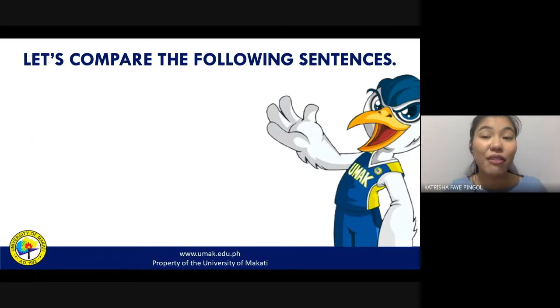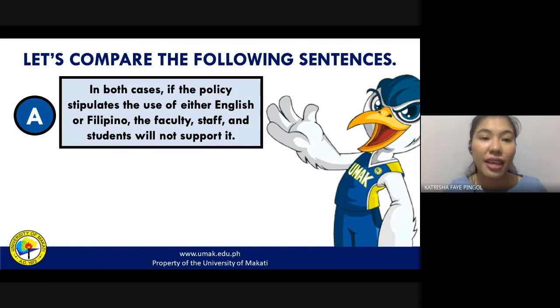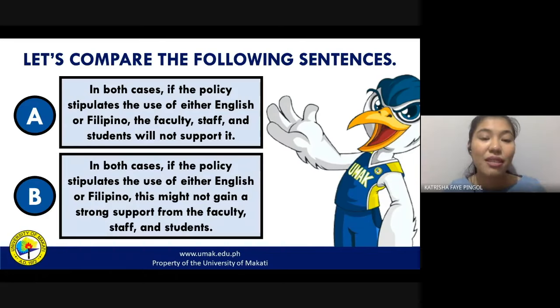Let's compare the following sentences to understand hedging better. For example, in case A: in both cases, if the policy stipulates the use of either English or Filipino, the faculty, staff, and students will not support it. That's such a very strong statement. Now next: in both cases, if the policy stipulates the use of either English or Filipino, this might not gain a strong support from the faculty, staff, and students.